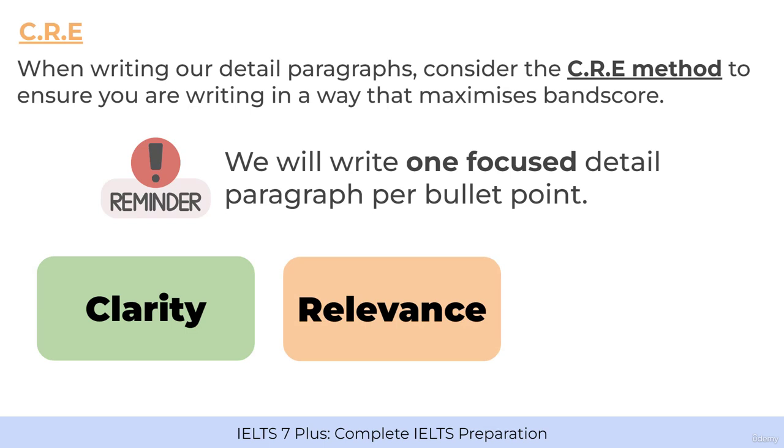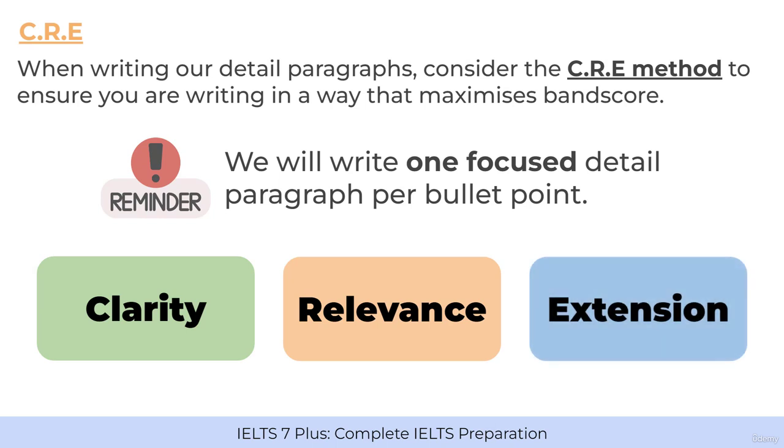Are the ideas I'm writing about relevant to the question and, importantly, relevant to the bullet point that I'm talking about in this paragraph? 1 bullet point, 1 detailed paragraph. Lastly, extension. Have I extended my writing and extended my thinking within the paragraph to give some extra detail and also show off my fluency and language skills?